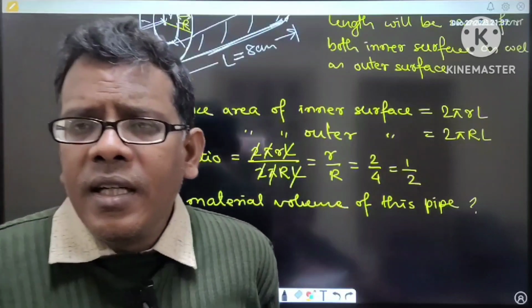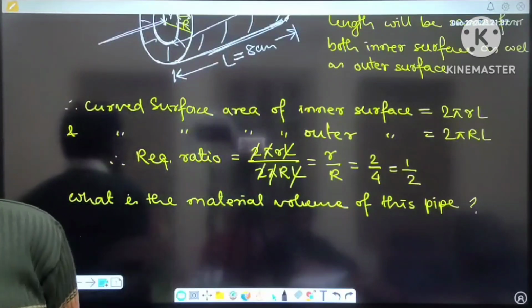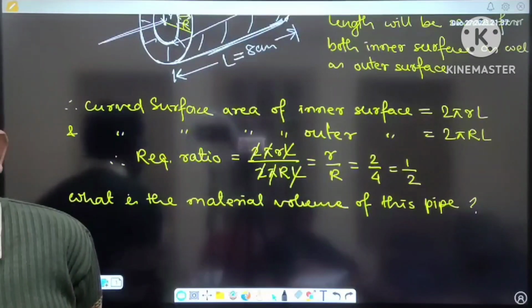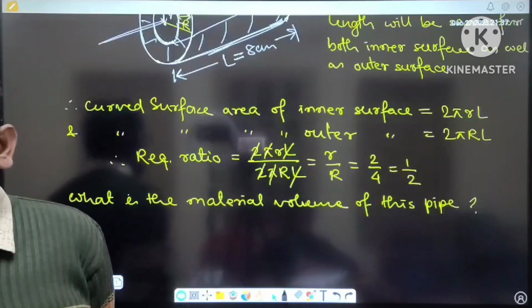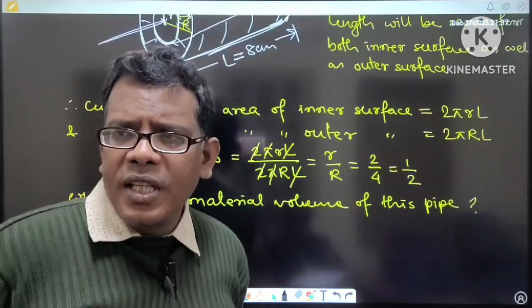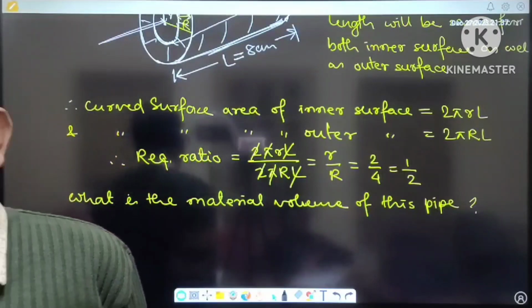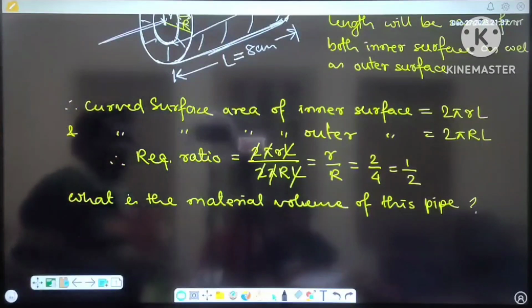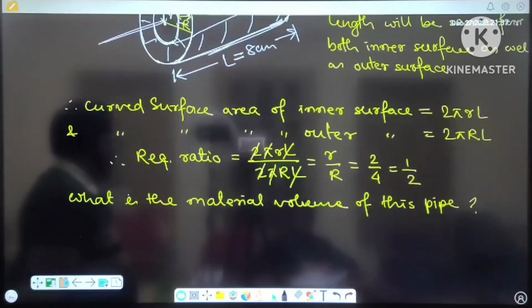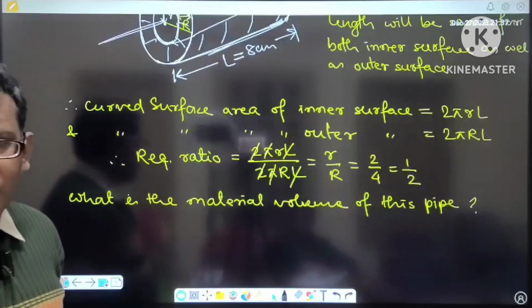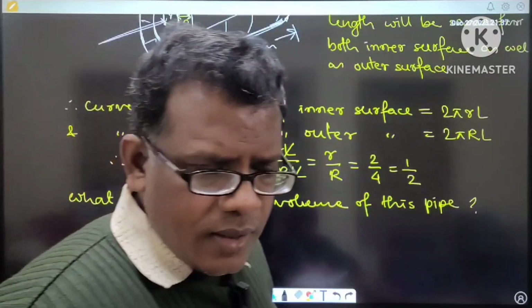Who can give me the idea about finding the volume of a cylinder? What is the volume of a cylinder? Anybody? Simply pi r square h, cross section into length.